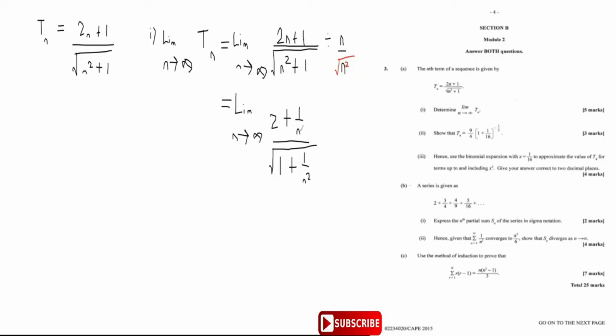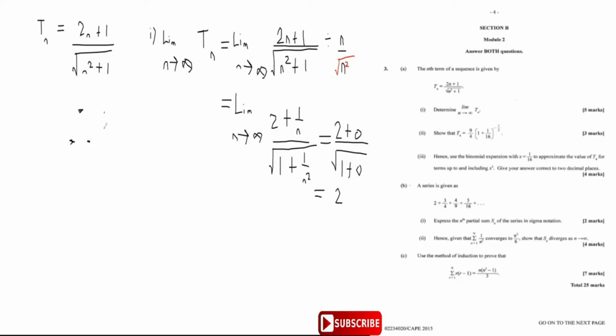So when you plug in n as infinity now, what you're going to get is 2. 1 over infinity, 1 over a very big number, is approximately 0. That becomes 2 over the square root of 1 plus 0. And so the limit is 2. All right, so to conclude, let's write it right here.